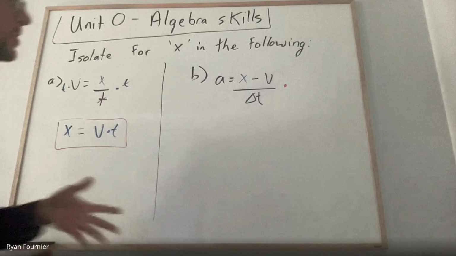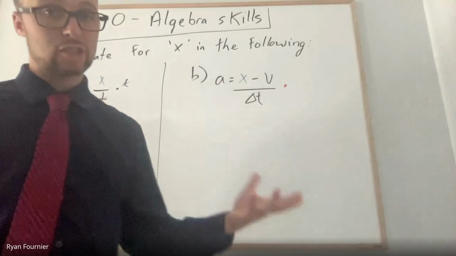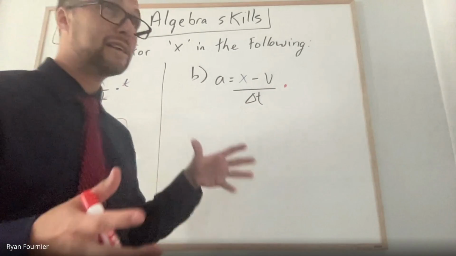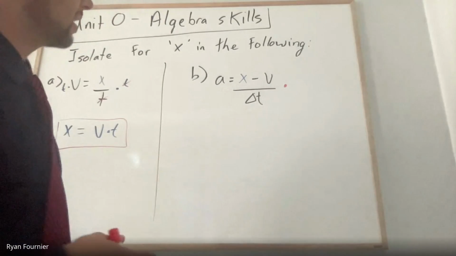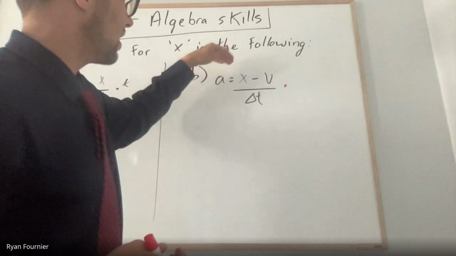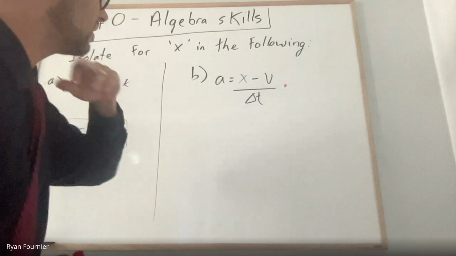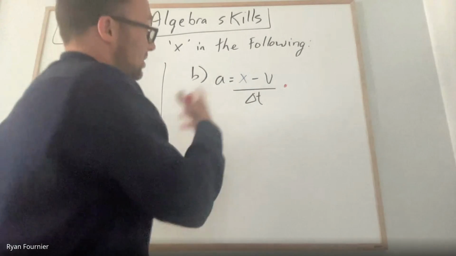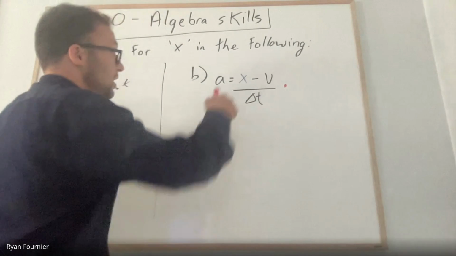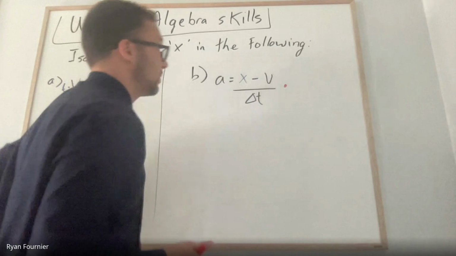So for me, I like to remove fractions and remove the denominator because I find they just complicate things when we keep them until the very end. So right now, it's a is equal to x minus b divided by delta t. Remember, the triangle just signifies change in t. So I'm going to isolate, or get the x by itself.